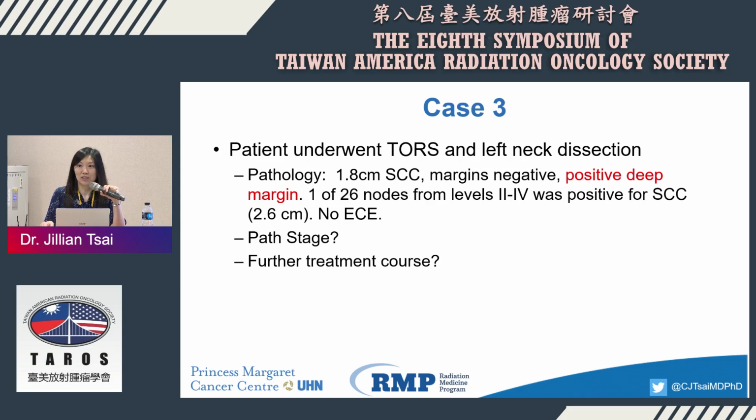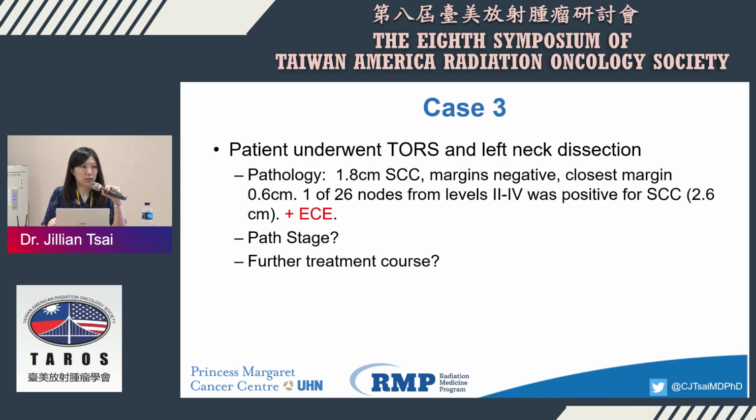So this is another contentious discussion every time we have a case like this in the tumor board. For most patients, there would not be chemo. It would be 66 gray to the tumor bed because of the positive margin, and then 60 gray to the lymph node, to the neck. So that would be the treatment approach. However, if you have extracapsular spread, then we would certainly discuss chemotherapy with this patient.